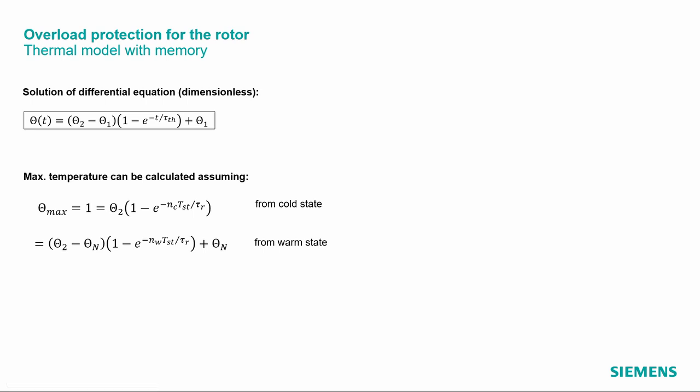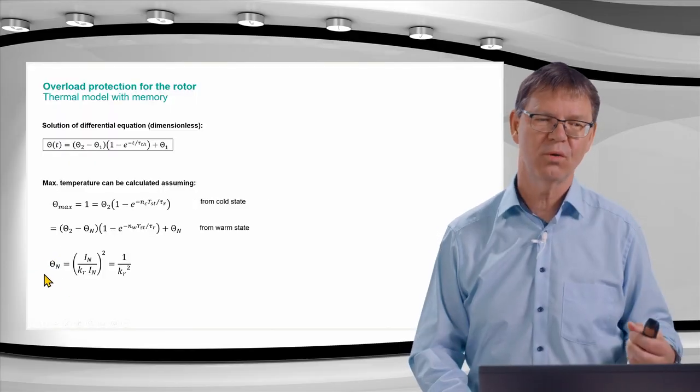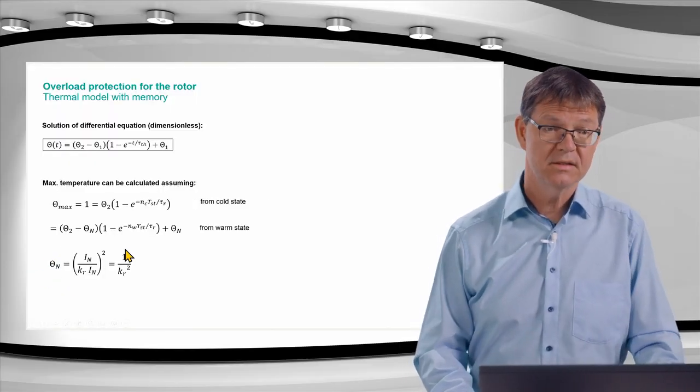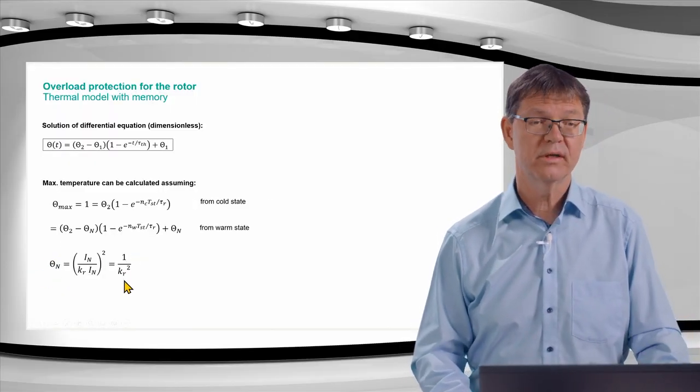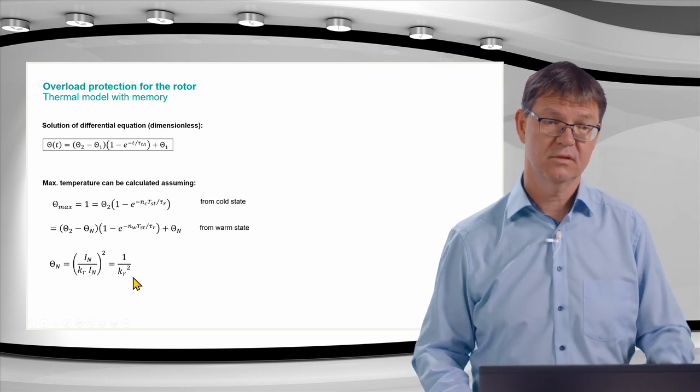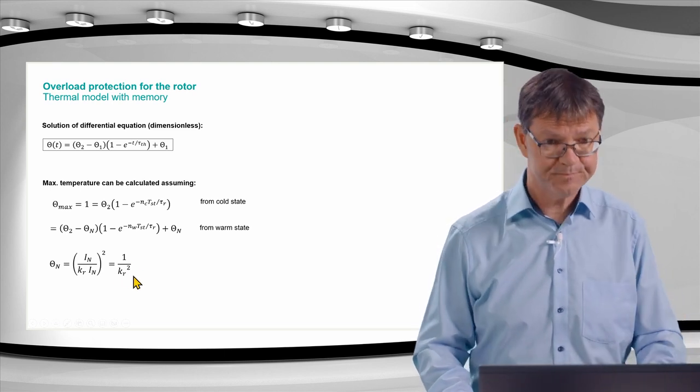So if we have now a closer look on that, first some explanations about theta n. This is the warm state of the rotor. This is basically 1 over kr square. R means the rotor K factor.